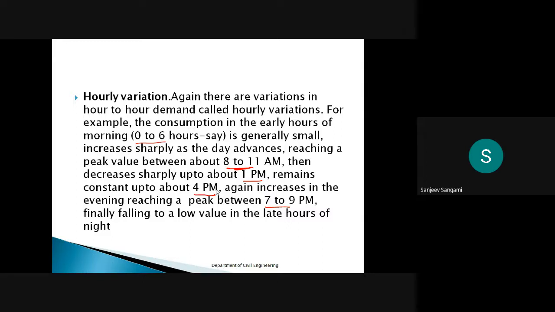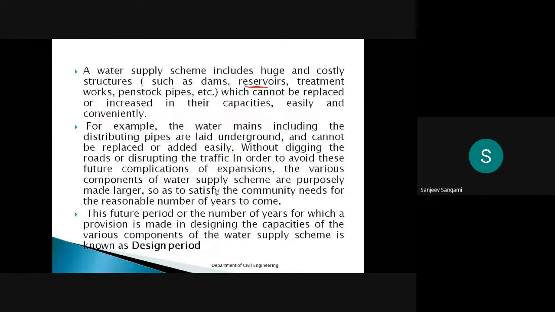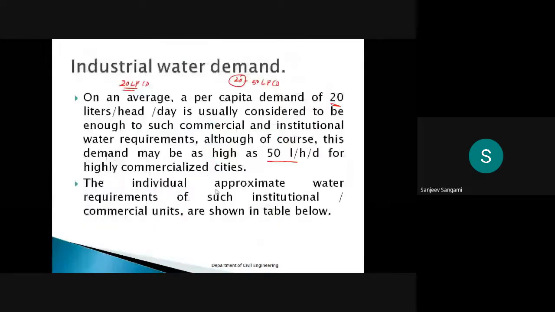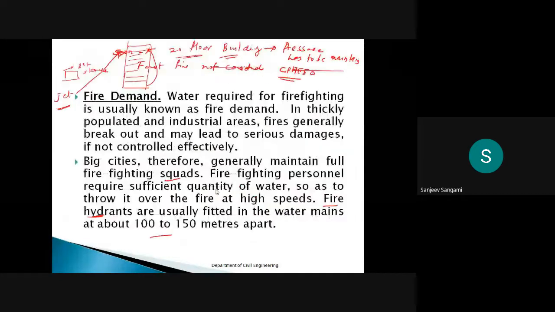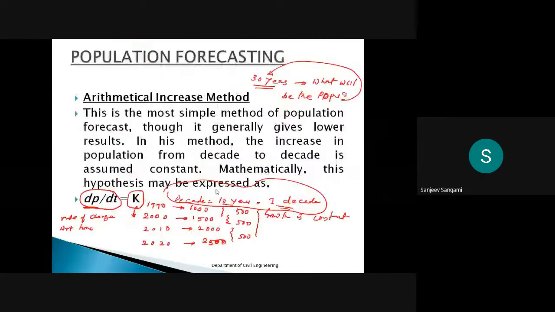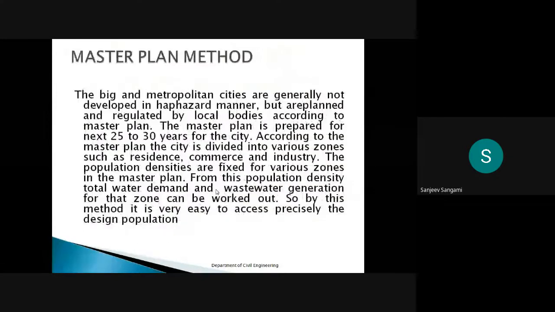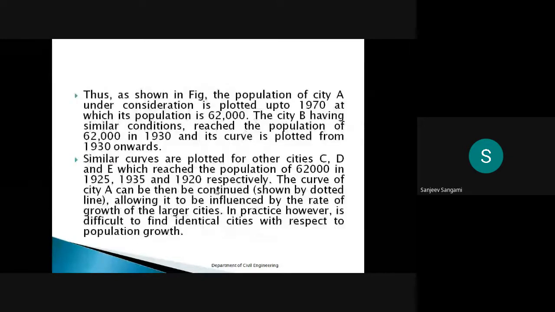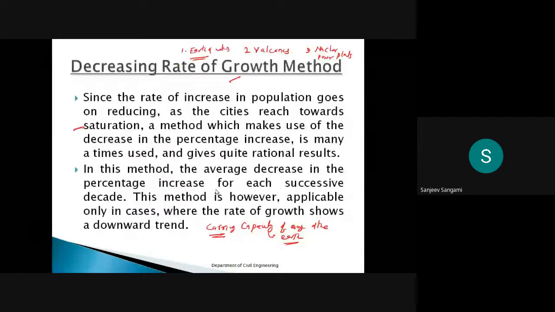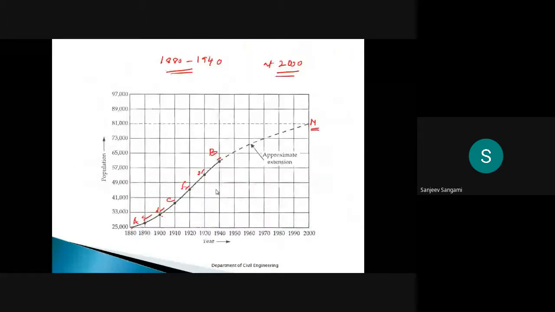Like I have given the example of Japan, where the uncertainties are more compared to Indian conditions. Then we covered one more method, that is the graphical method. In that simple graphical method, we have extended the graph based on the previous years' data.